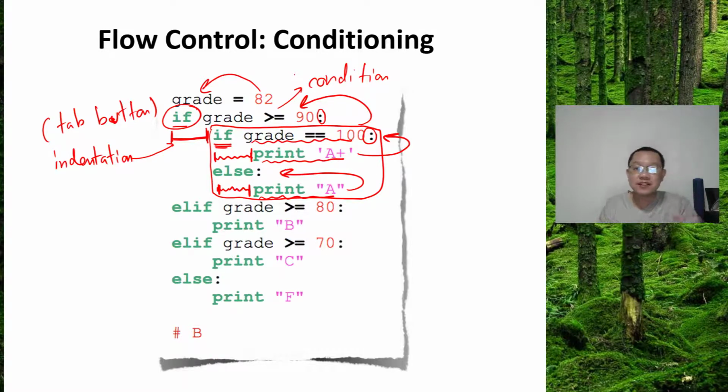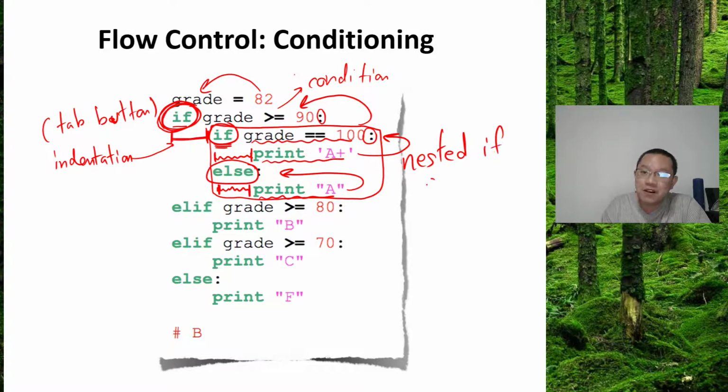So this is two directions: if the grade equals 100, you get A plus; if not, you get just A. There are two directions separated by if and else. Then this condition is inside this big if. We call this pattern a nested if condition.